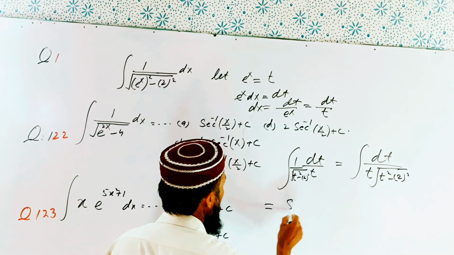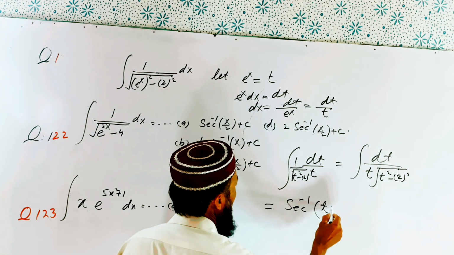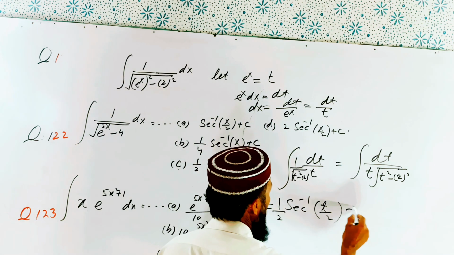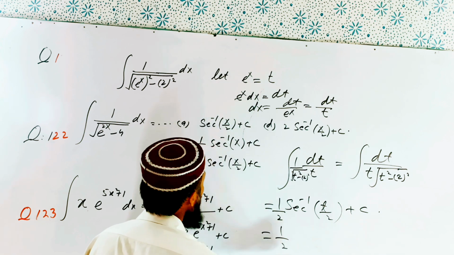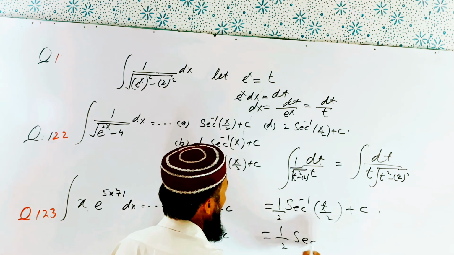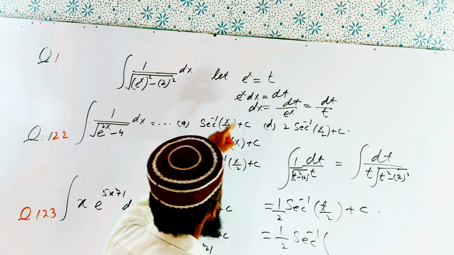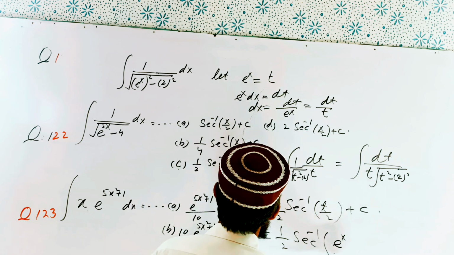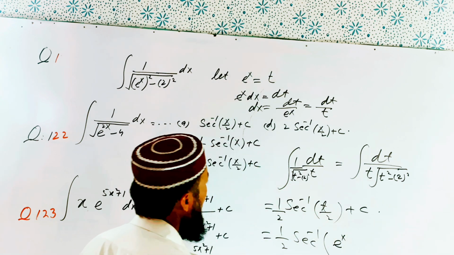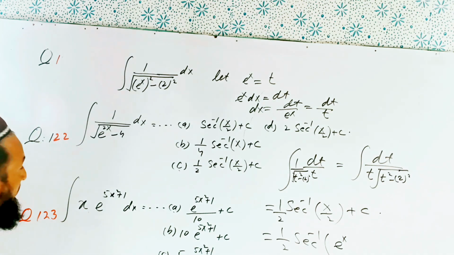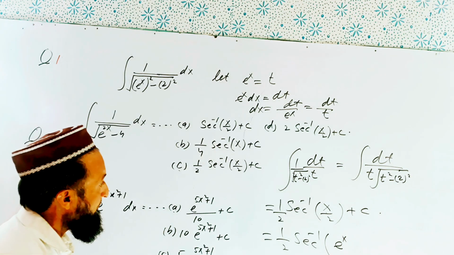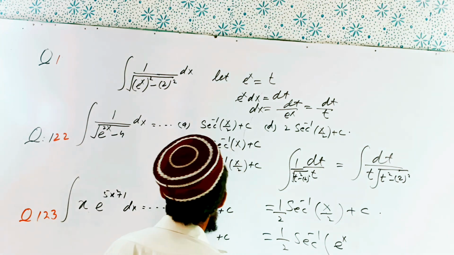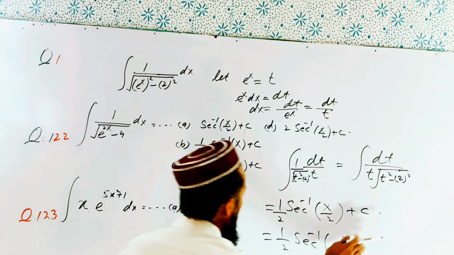Here we are using the secant inverse formula, secant inverse of t divided by 2, with 1 by a, that is 1 by 2, plus c. So 1 by 2 secant inverse of e power x divided by 2. We check the result, and option C is the correct option.